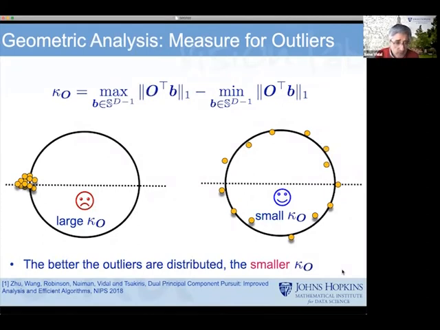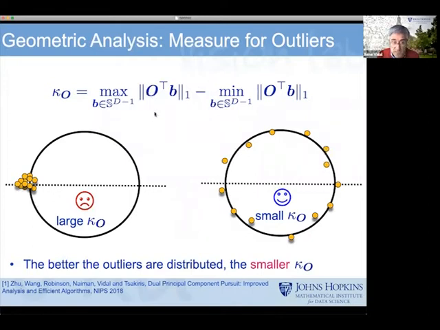And the last ingredient of the theory is this kappa quantity that, as defined on the top, measures the largest sum of distances with respect to some hypothetical hyperplane B minus the smallest. I'm not going to get into the details again, but I think it's easy to convince yourself that if the data is very concentrated, then these two numbers are going to be very different, because I can always choose B that is well aligned with outliers and then maximize.